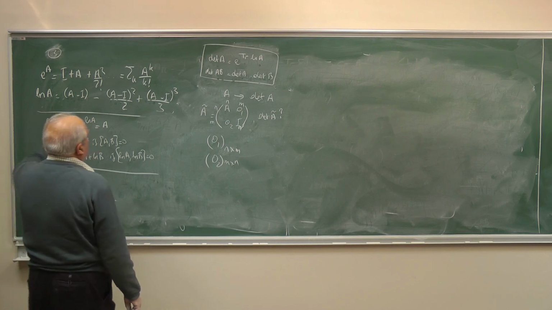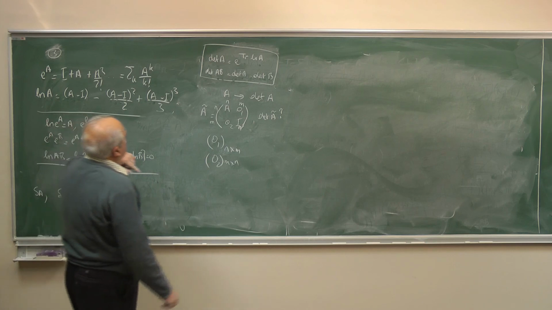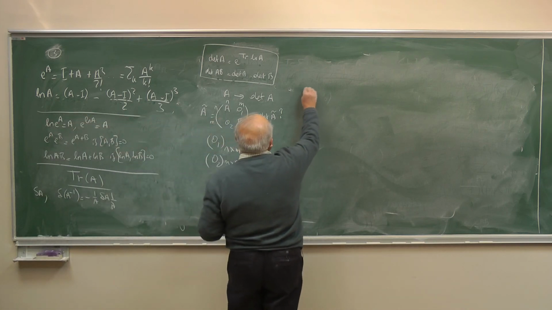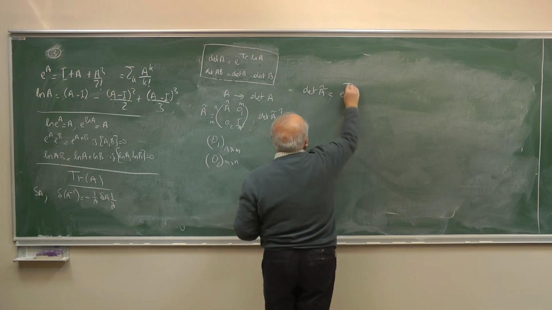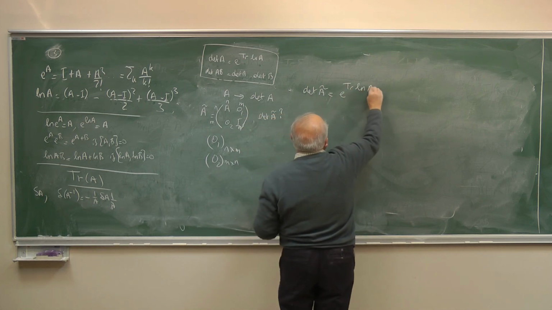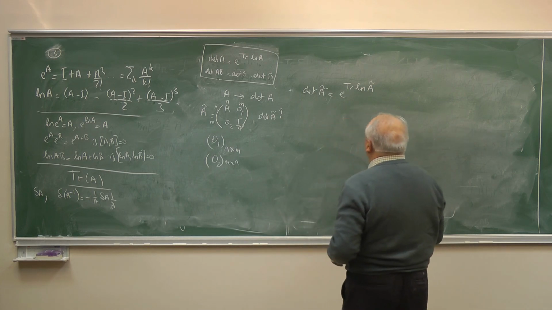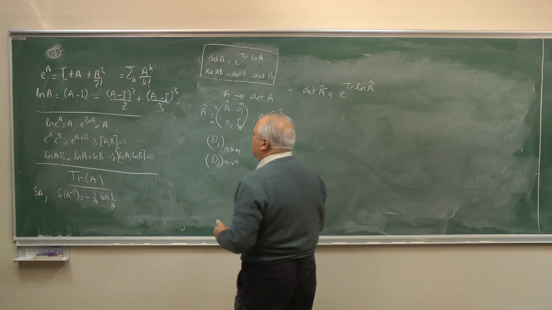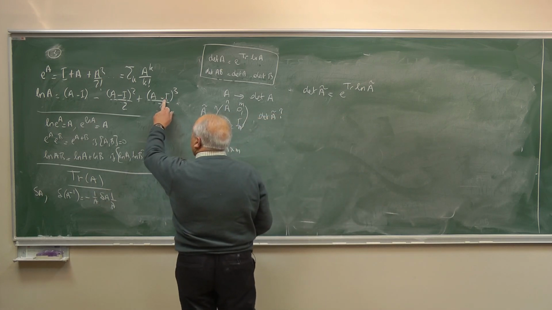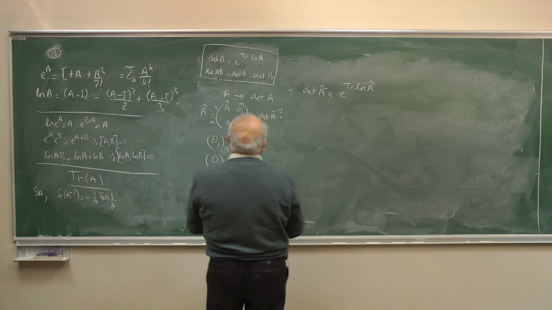Now, we put log A tilde. Why? Because we have determinant A tilde is equal to e to the trace log A tilde. And you subtract an I from A tilde, and this is n plus m times n plus m dimensions.